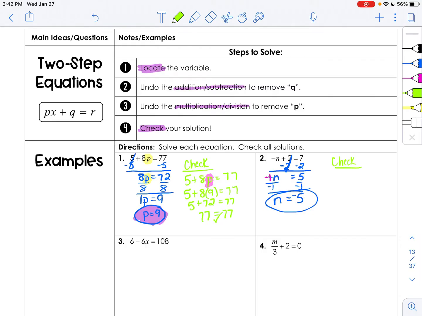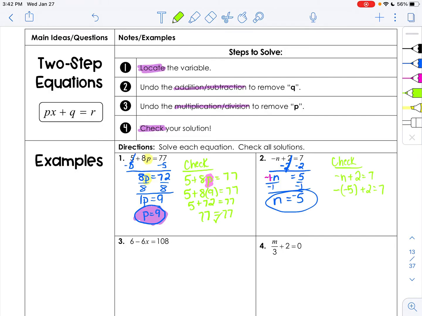So we're going to take our original equation of -n plus 2 equals 7, and now I think I know what n is, so I'm going to replace n with -5. Now be careful here when you're replacing it. So I have a negative in my equation, and then parentheses, I'm going to replace n with -5 plus 2 equals 7. So make sure you don't forget one of those negative signs. They both need to be there.